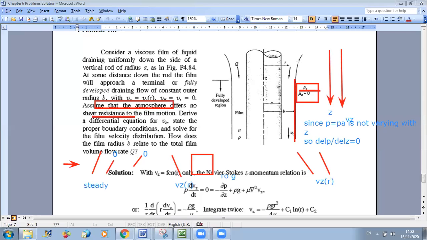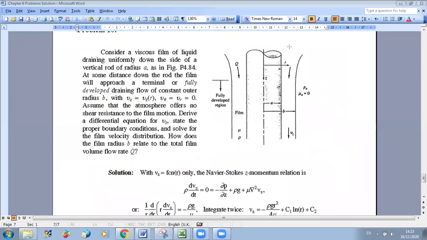So the fluid flow is exposed to atmosphere, and we neglect variation of pressure for atmosphere because you know that for air the density is very small, so the change in altitude will not affect the pressure a lot. Clear?